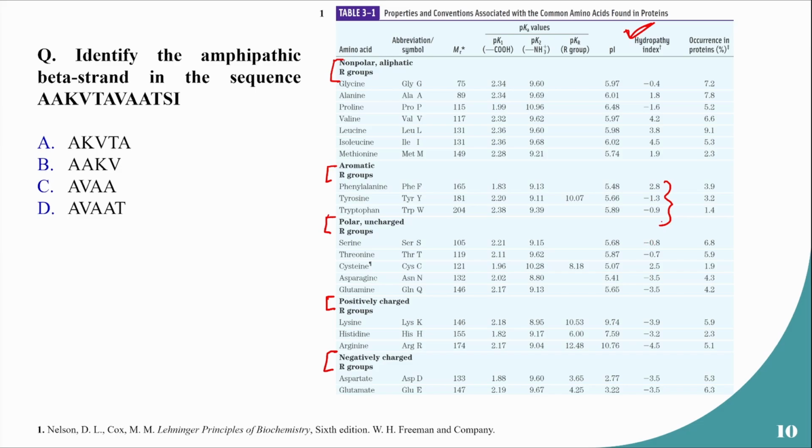This hydropathy index basically indicated the hydrophilicity and hydrophobicity of a particular amino acid, right? It is the free energy of moving one amino acid from a non-polar solvent to water, something like that, right?